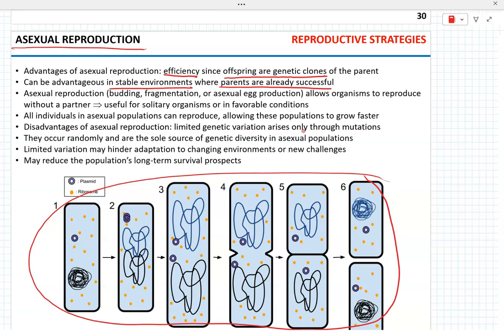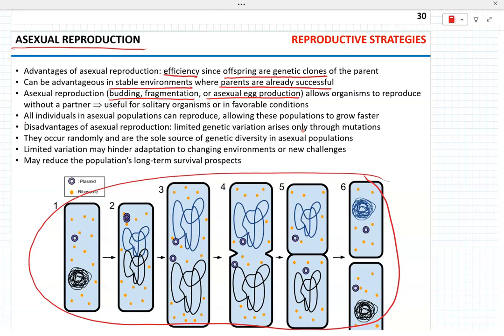Another advantage is that asexual reproduction does not require a partner, whether it is budding, fragmentation, spore, or asexual egg production. It is useful for organisms that are solitary or exist in favorable conditions.